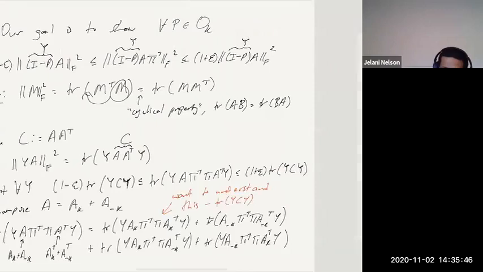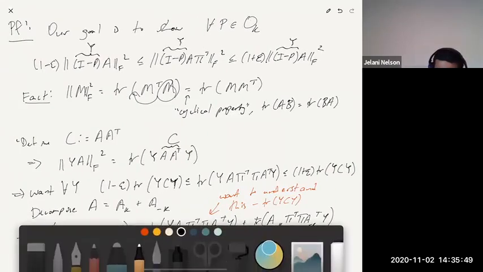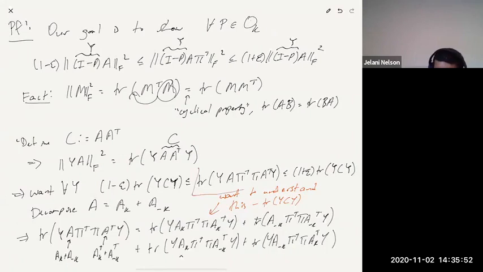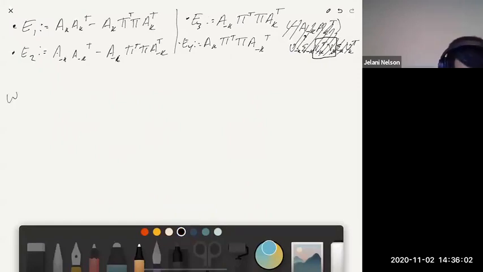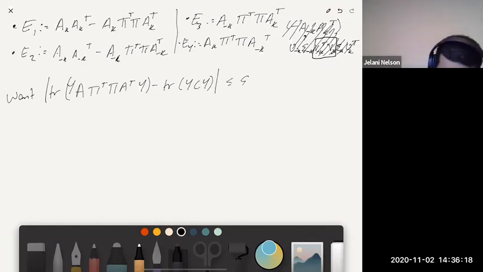And why am I doing this? Again, if you look at the previous whiteboard, I'm trying to compare this with the version that doesn't have the pi's, which is this. So right, what I want is that the trace of Y A pi transpose pi A transpose Y minus the trace of YCY, I want this thing to be at most epsilon times the trace of YCY.